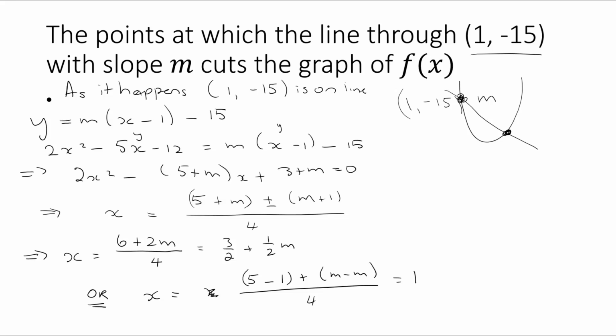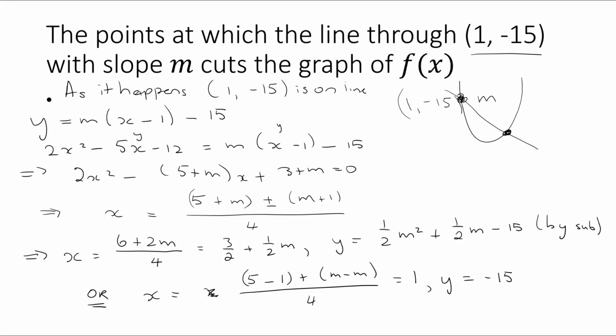And if x equals 1, we don't actually have to work it out, but we could, that y is equal to negative 15. And going back and putting the first x value back in, I would find that y was equal to a half m squared plus a half m minus 15. That's by, excuse me, substituting.